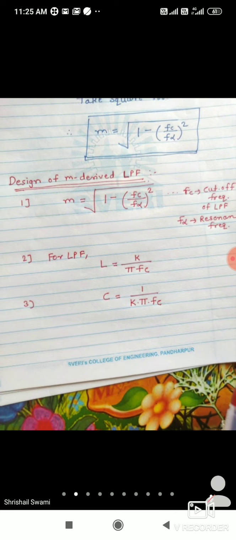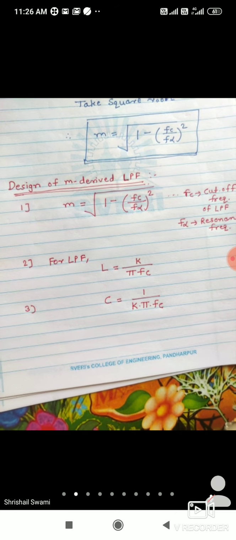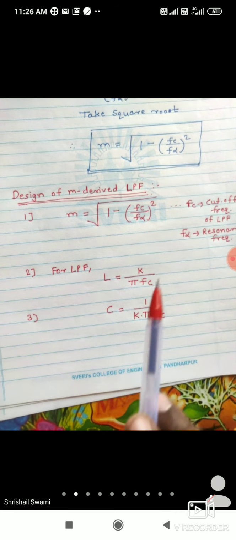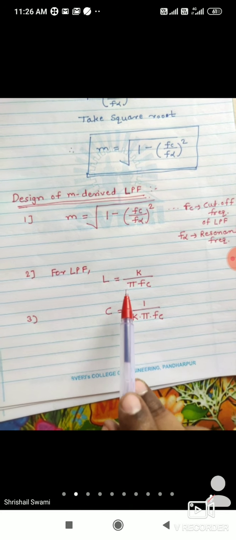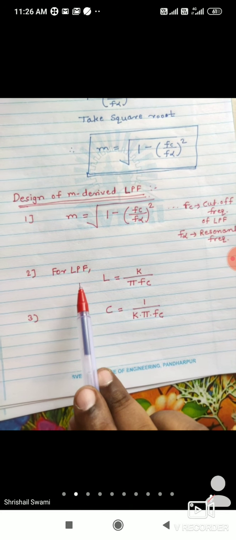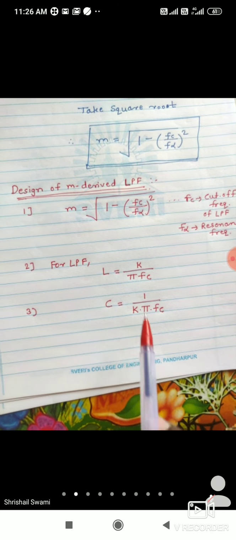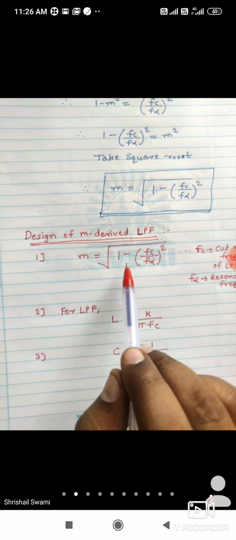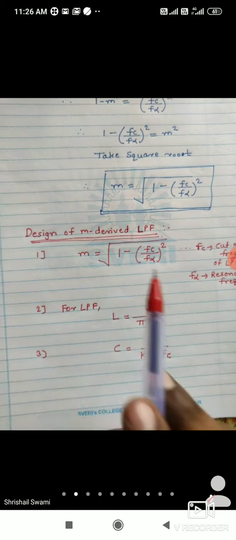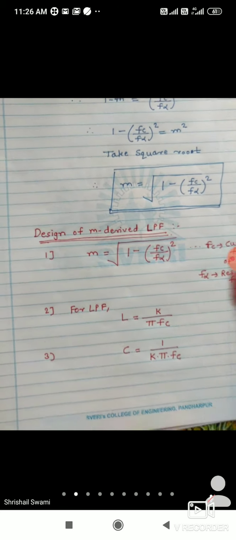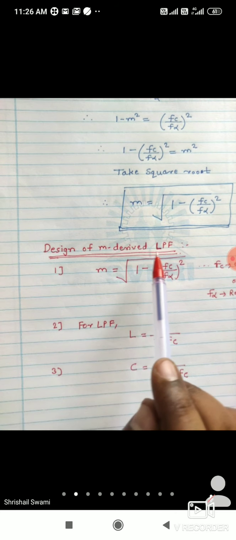So what is the new formula for getting the design of m derived? This will be the new formula. These two will remain the same compared to the low pass filter. For the low pass filter, the formulas for L and C remain the same. Only the new factor will be the expression of m. So these three formulas we require to design the m derived low pass filter.